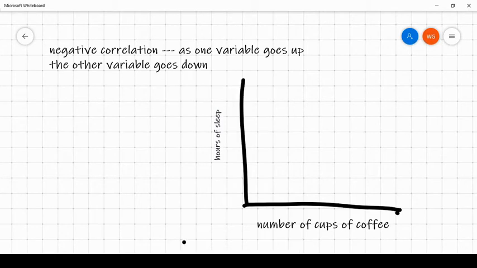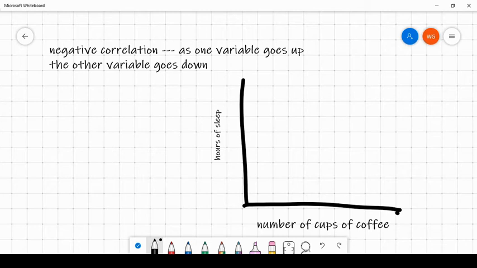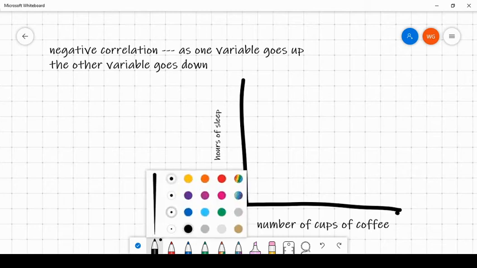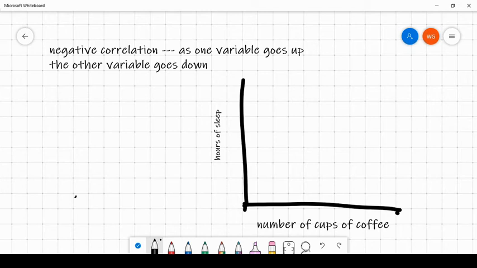For example, you might say that a good starting plot would be to say, 0 cups of coffee. That's always a good thing to start out with whenever you draw these types of graphs, right? So 0 cups of coffee, and right here. Right? And then, I don't know, we'll just move up to the end here and say something ridiculous like 20.